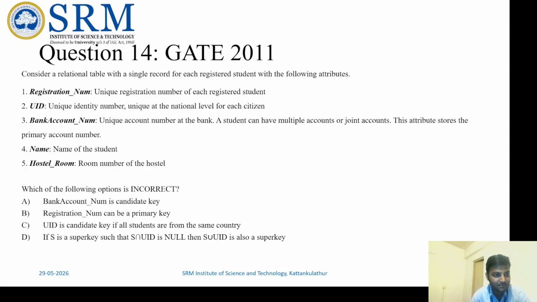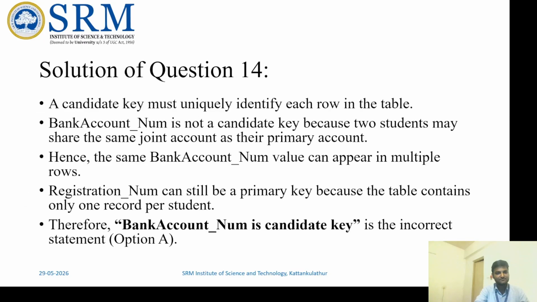So the bank account number will be the same for these two students, and they are admitted to the same university. So obviously it will not be a correct statement. So option A will be an incorrect statement as per the question. The explanation is the same, I cannot re-explain the things. Bank account number is a candidate key is an incorrect statement, and option A is correct.